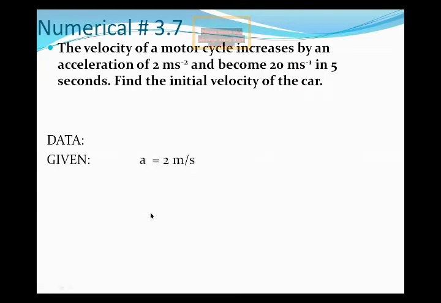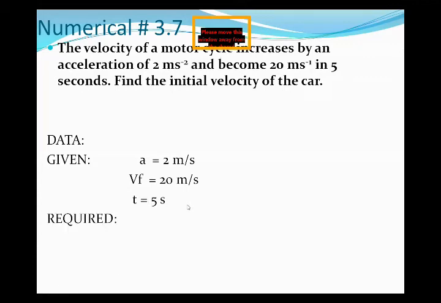So in the data, first we will write a is equal to 2 meter per second square, Vf is equal to 20 meter per second, T is equal to 5 second, required is Vi. Okay.